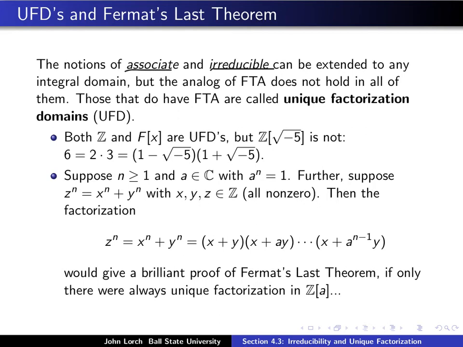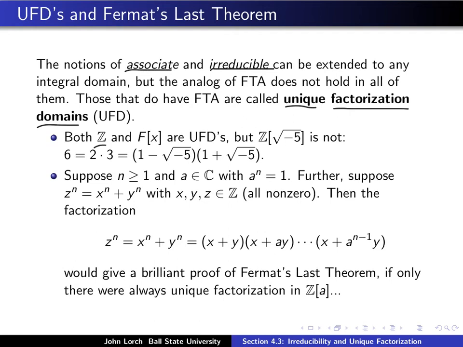Now, while these notions of associate and irreducibility can be extended to any integral domain, the existence of a theorem like the fundamental theorem of arithmetic does not exist in every integral domain. However, those special domains that do have an analog of FTA are called unique factorization domains.